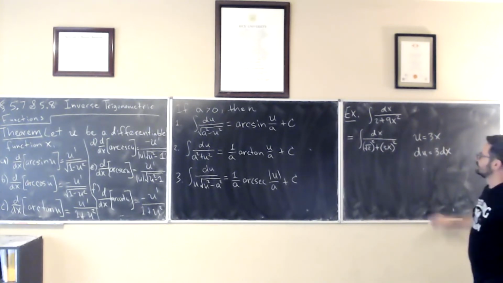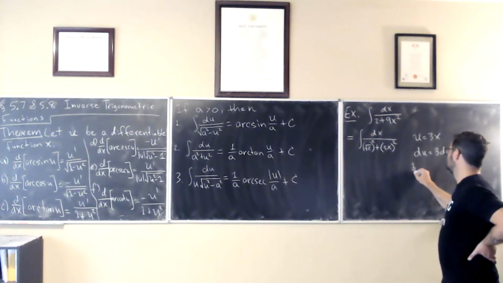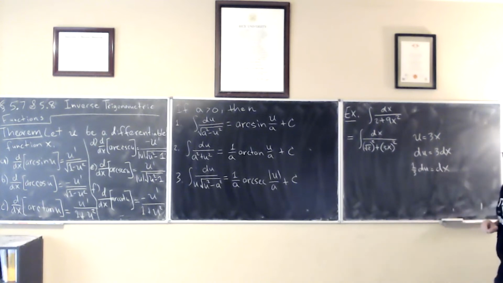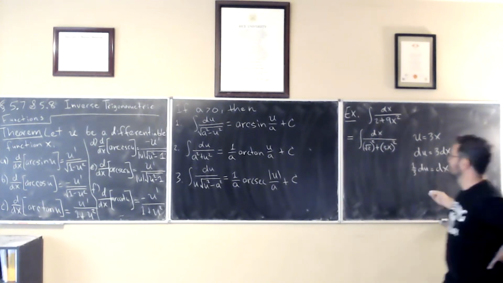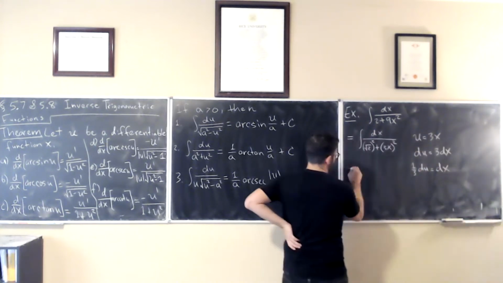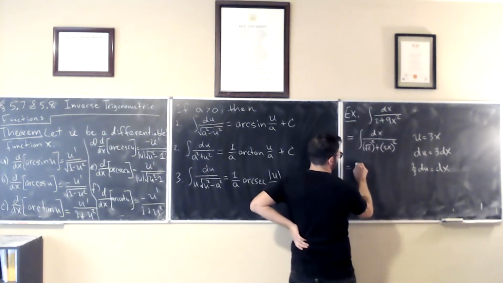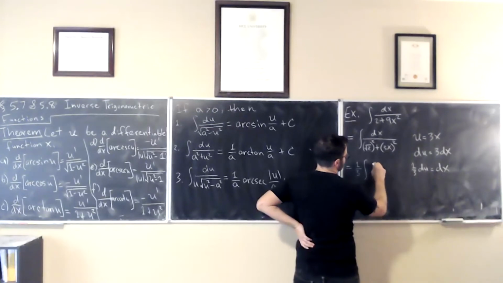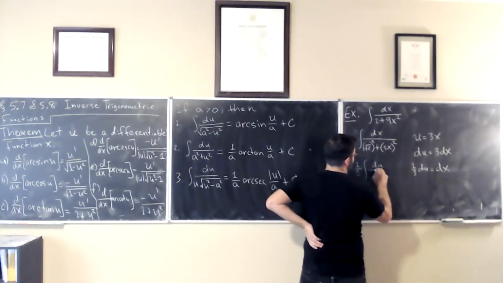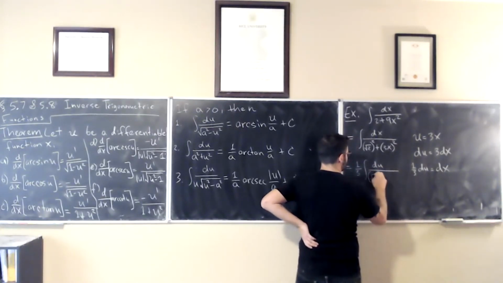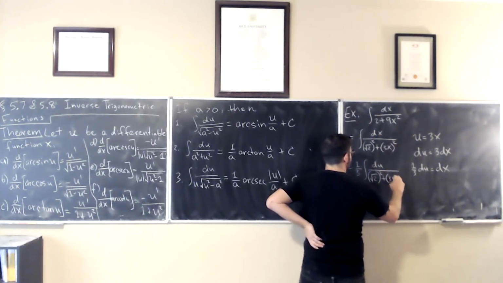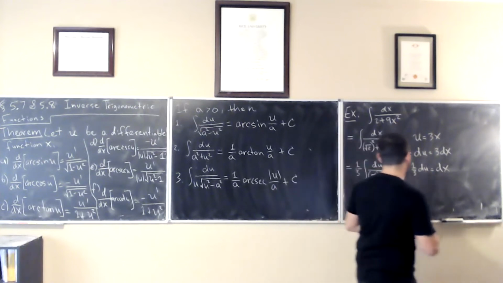Okay, so 1/3 of du is equal to dx. So now we substitute back in, we can take the 1/3 out in front of the integrand, and then we have du over √2 all squared plus, oh no, sorry, u squared.